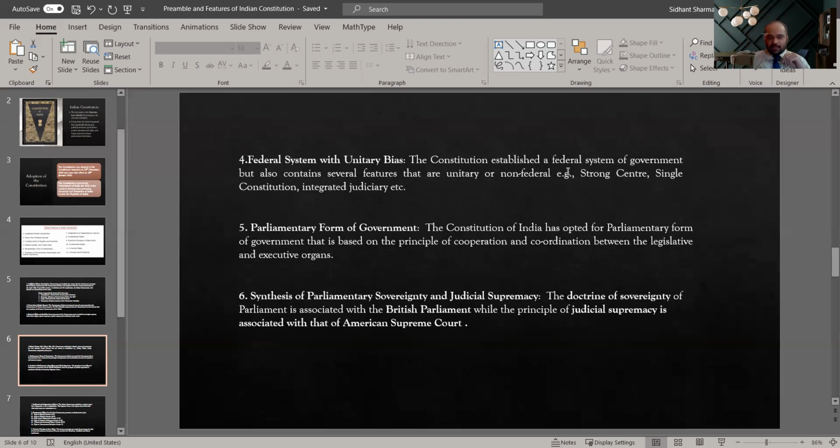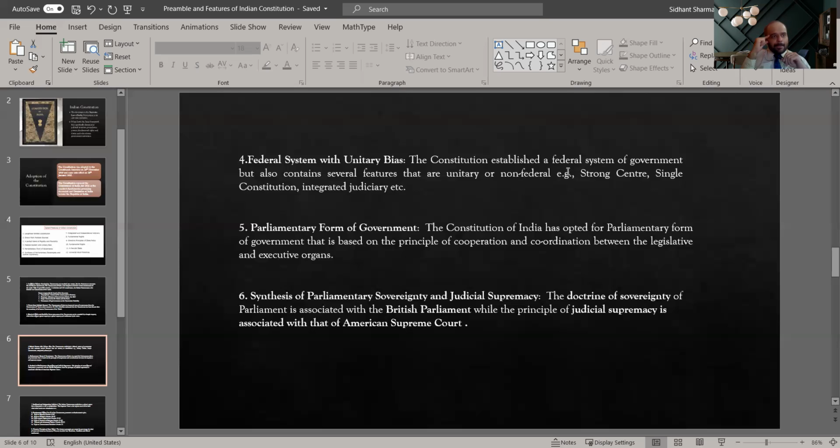As I've already told, we have adopted a parliamentary form of government. The Constitution of India has adopted a parliamentary form of government that is based on the principle of cooperation and coordination between the legislative and executive organs. And we have not adopted a presidential form of government.